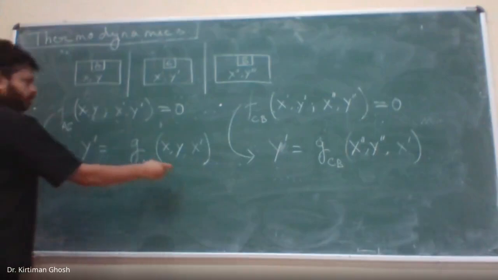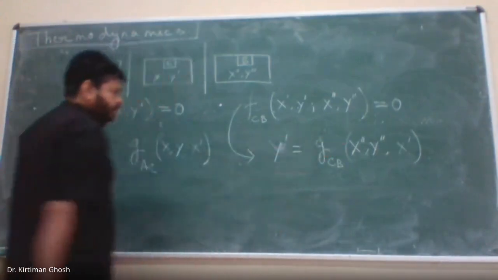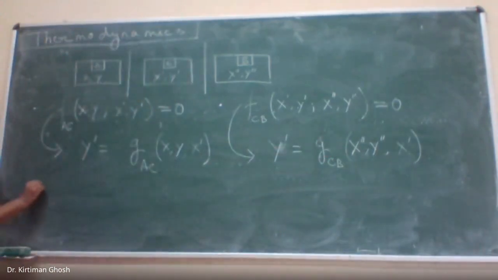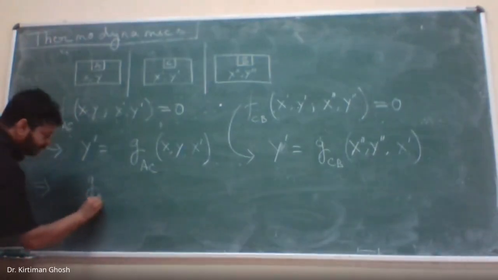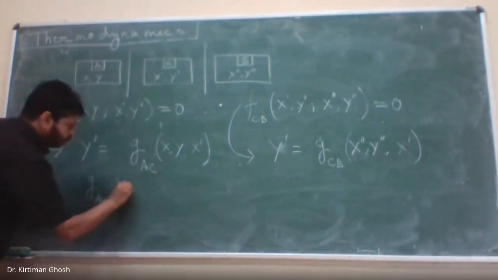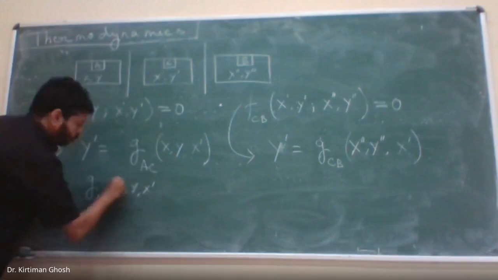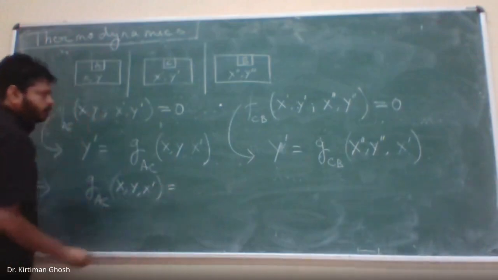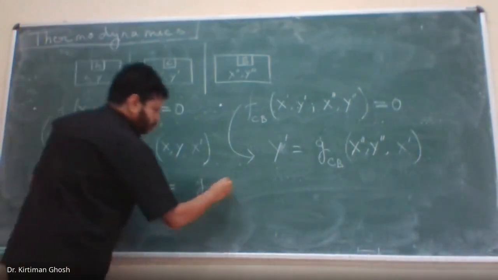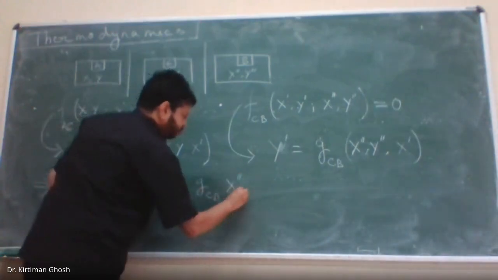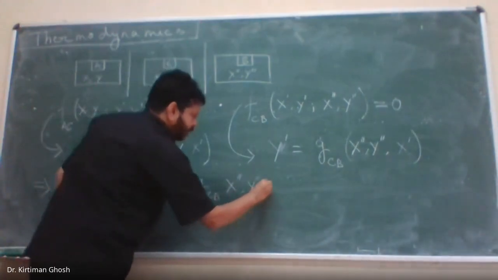Since y prime is equal to this, and also y prime is equal to this at equilibrium, I can write another interesting relation, which is g of AC should be equal to g of CB, a function of x prime, x double prime, y double prime.